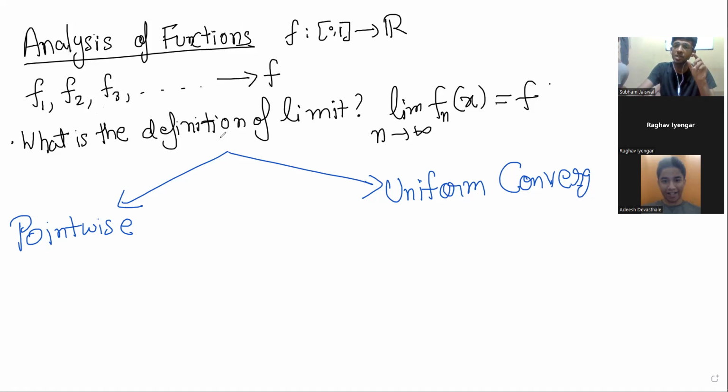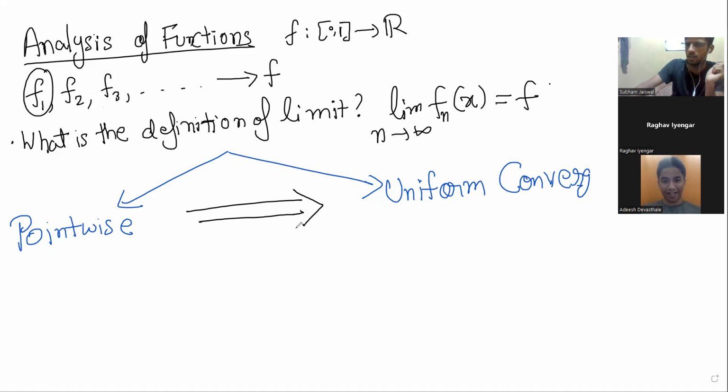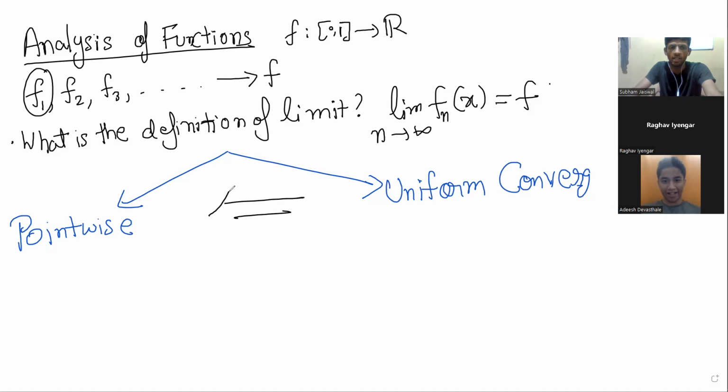But uniform convergence treats these functions as one atomic thing, and that's the philosophy on which that limit definition is made. So those are the two subtle differences. Uniform convergence certainly implies pointwise convergence, but the other direction is not true.